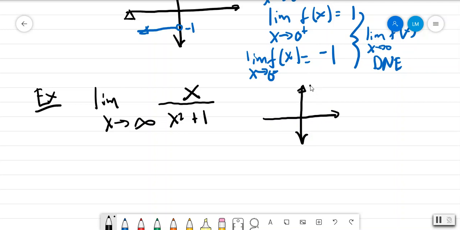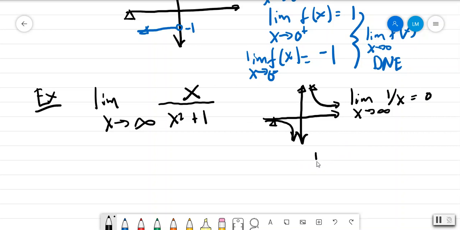Well, one way to look at this is, for instance, we know that if you're looking at a function like 1 over x, the limit as x approaches infinity for 1 over x goes to 0.